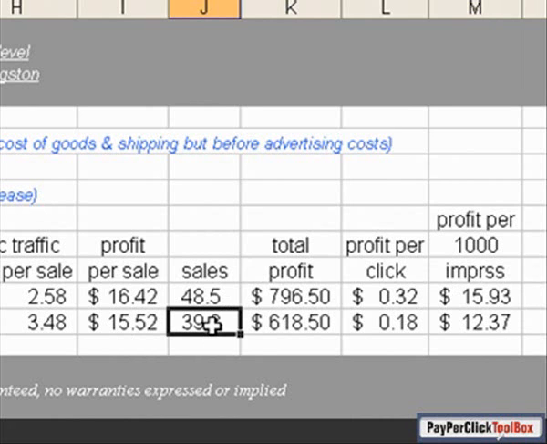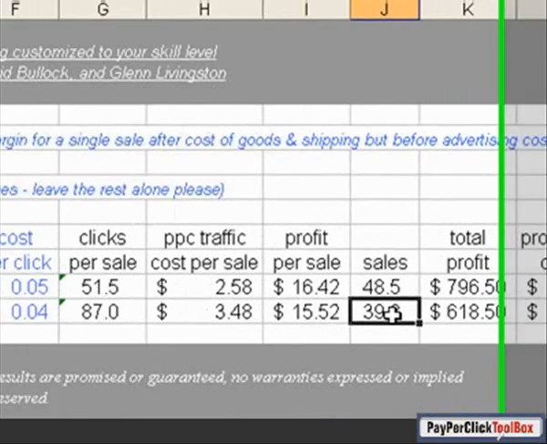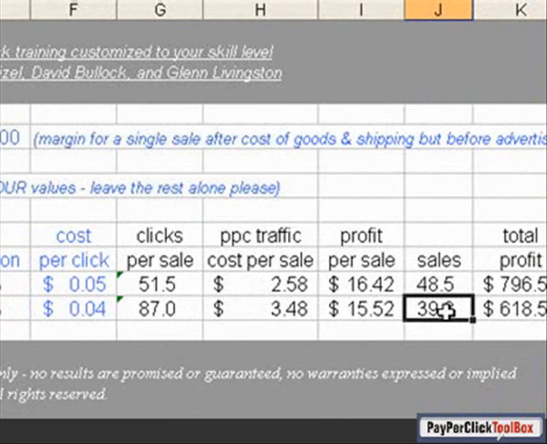You can do this analysis for opt-ins also if you assign a dollar value to every opt-in, and you have to do the math for your own business to make that happen. But you want to make sure you've got at least 30 sales on the lower performing ad, and by that I mean the one that performs lower in terms of the number of sales. Make sure you've got at least 30 sales before you make this decision.